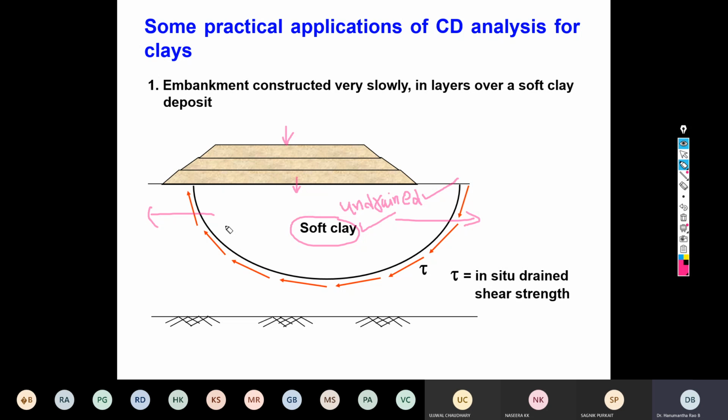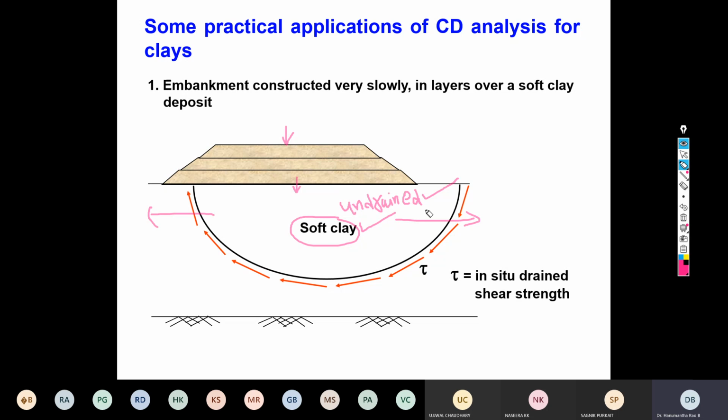If you look at most of the failures in soil mechanics, whether it is slope stability failure, foundation failure or pile foundation failure, more than 90% of the failures are due to the prevalence of the undrained condition. If you take care of the undrained condition very well, the geostructure is safe.